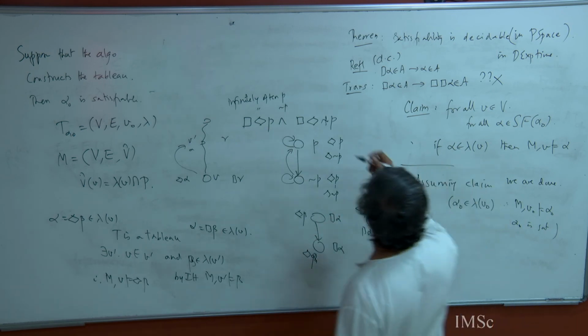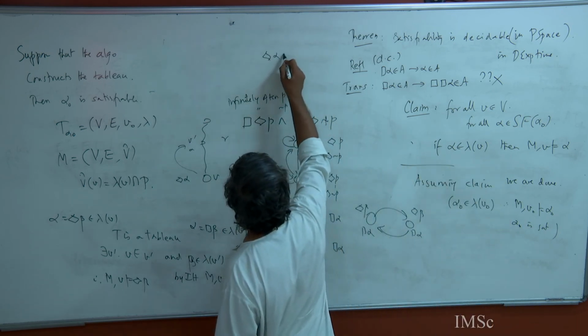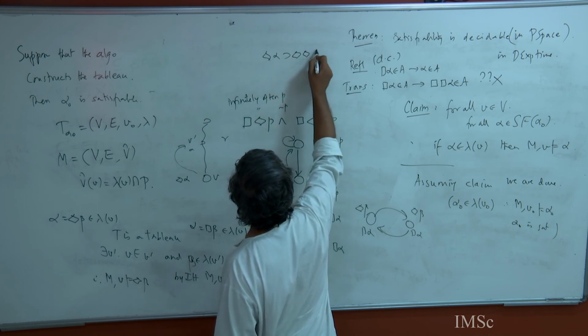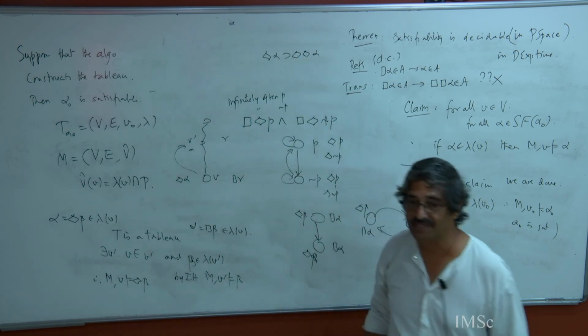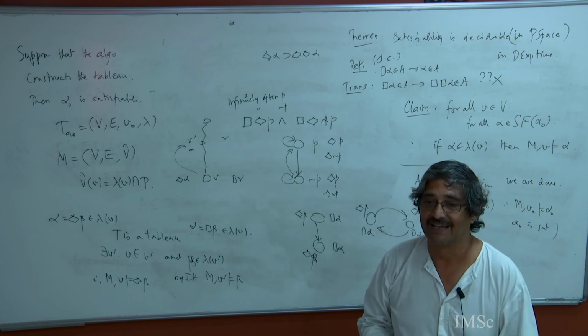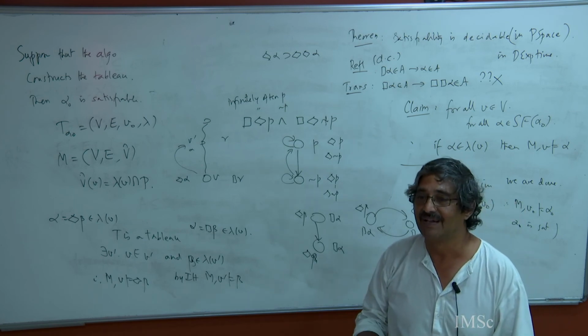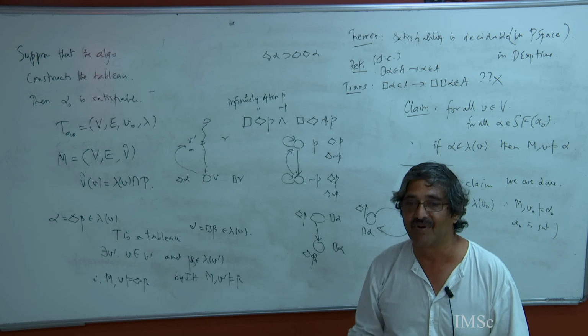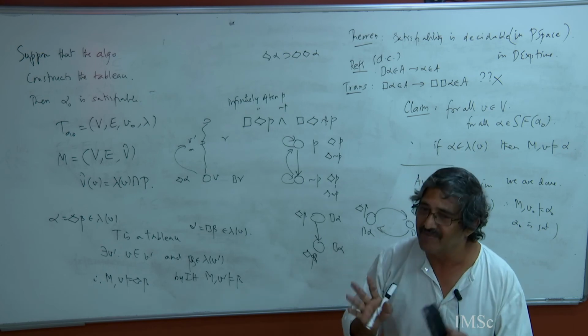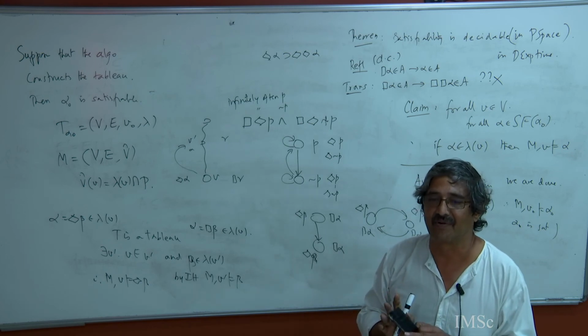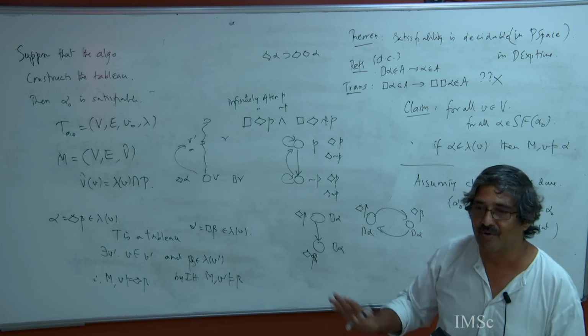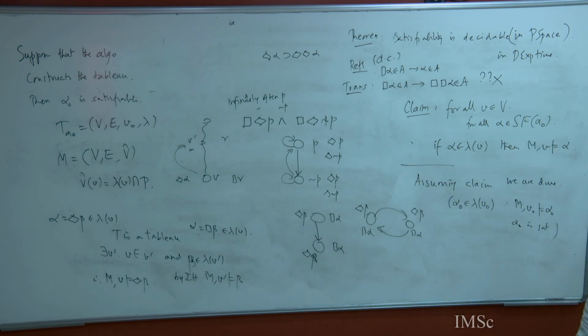It's diamond alpha implies diamond diamond alpha, that is box box alpha implies box alpha. This is much more complicated. But still it turns out that this graph construction, the tableau construction that we are doing pretty much remains the sort of thing that we want to do. But I don't want to go into the details of that.